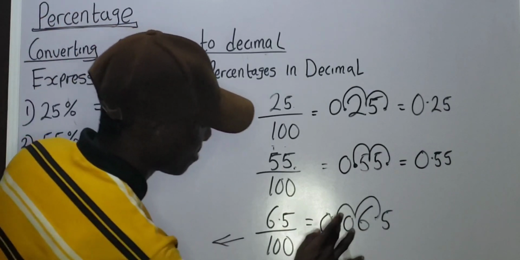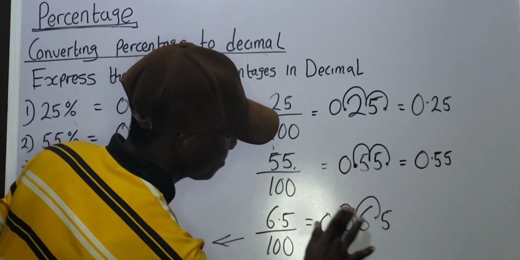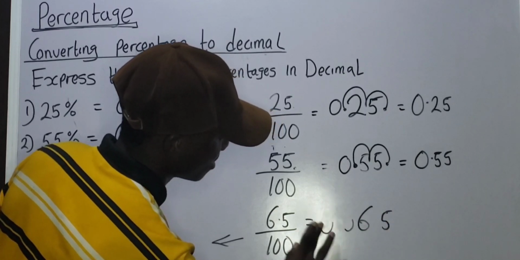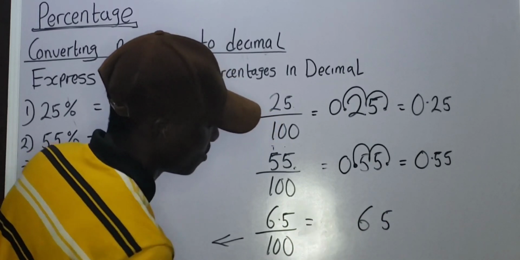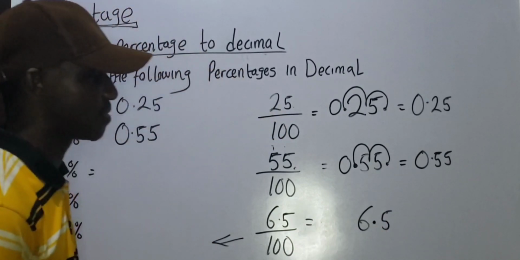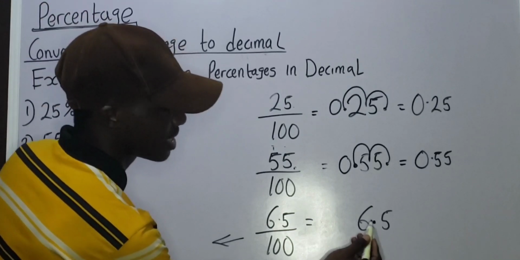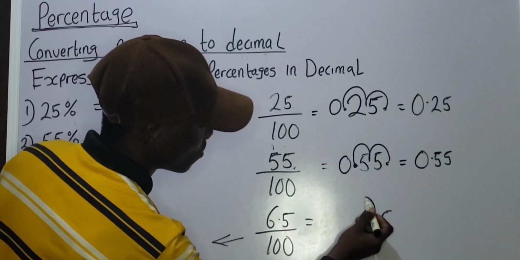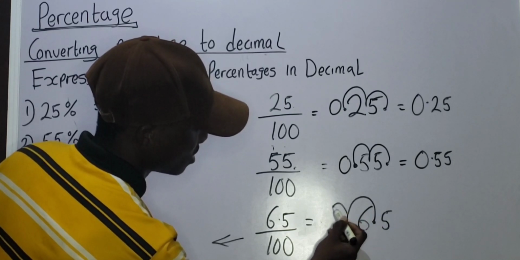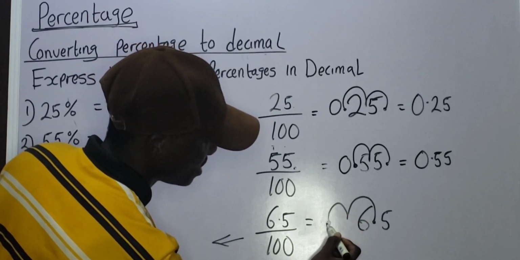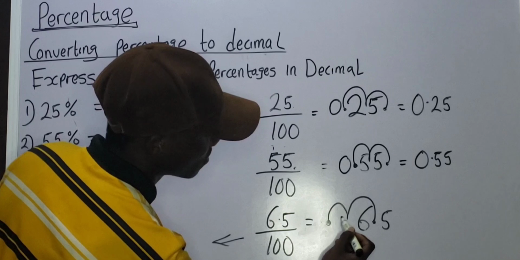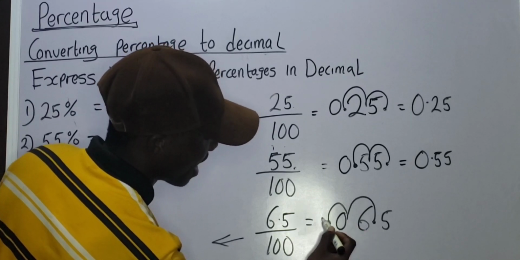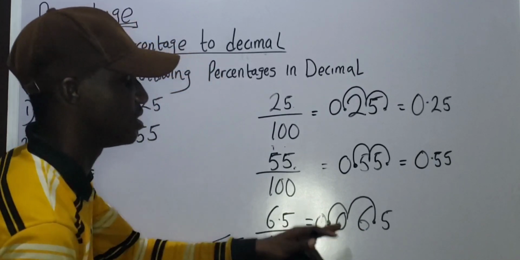Now, let me erase this again. We have 6.5. Now, I want to move this decimal point 2 steps towards the left. Okay? So this is the first one, this is the second one. So the decimal point will be here. Therefore, I'm going to have 0 here and then 0 before the number itself.